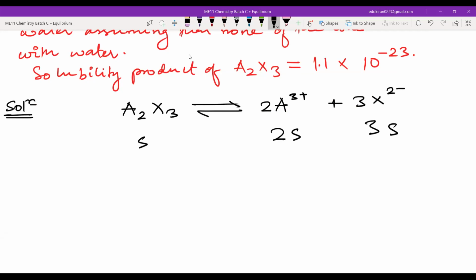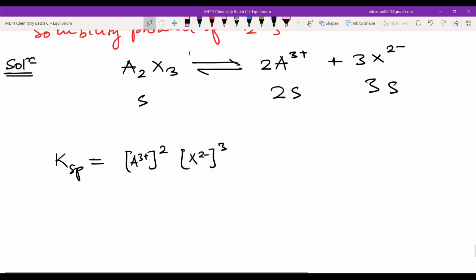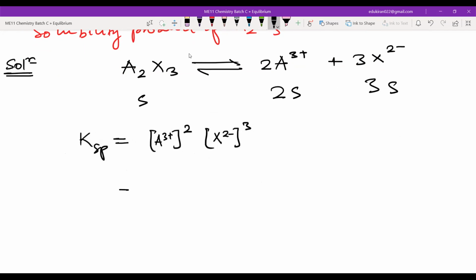Now we know that Ksp will be equal to the concentration of A3 positive squared, times the concentration of X2 negative cubed. No problem? Now you tell me, what is the concentration of A3 positive? 2s. 2s is the concentration of A3 positive, squared.